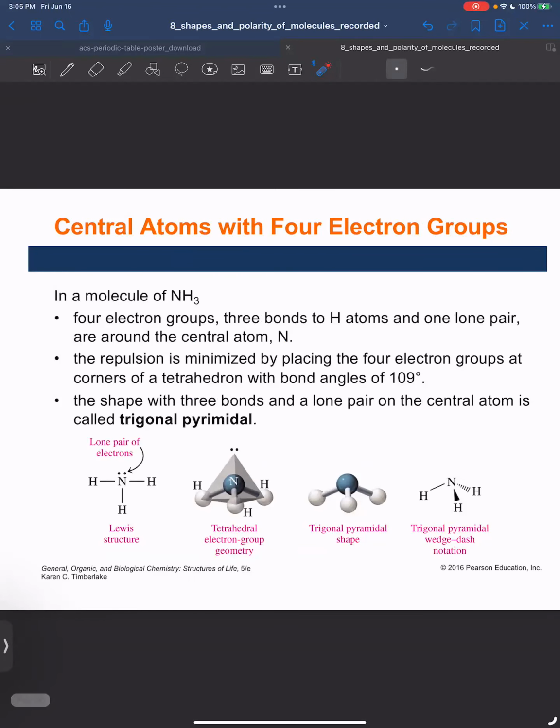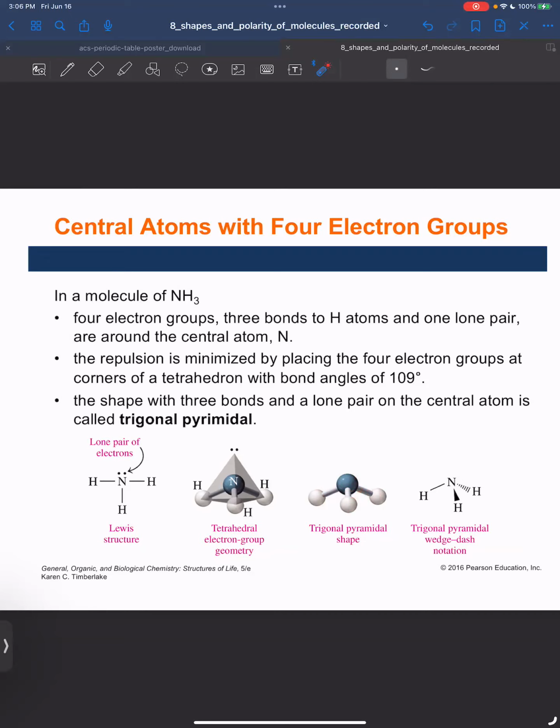Now, ammonia has 4 electron groups too, because remember we count the lone pair. So 1, 2, 3, 4. And so its electron group geometry is still tetrahedral. They still have to spread out as much as possible. But if we're asked for the molecular geometry, we only see the bonded atoms. So what we're left with is what looks like a trigonal shape, but actually a pyramid, right?